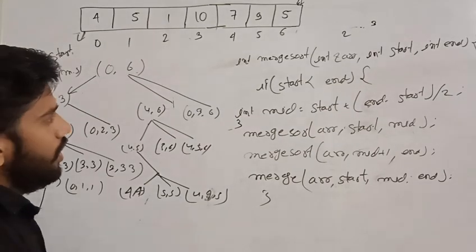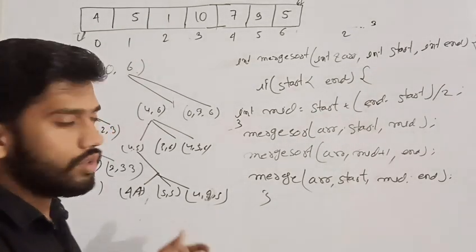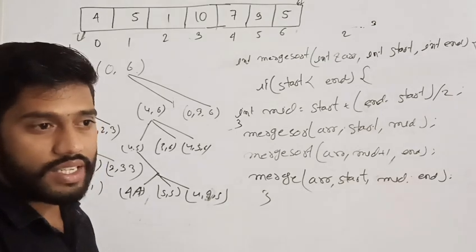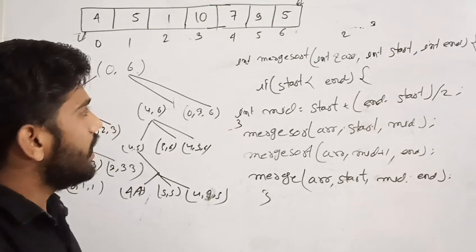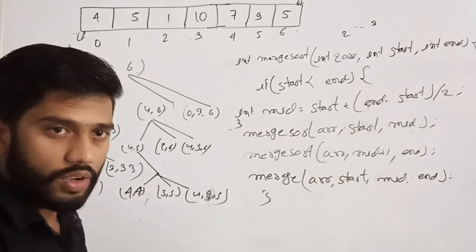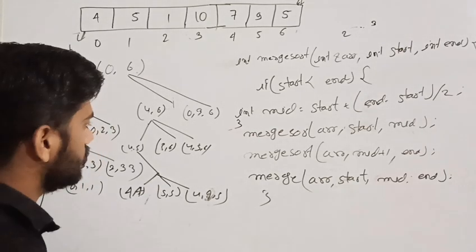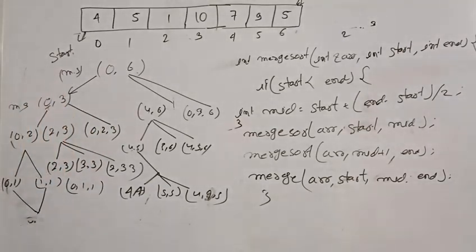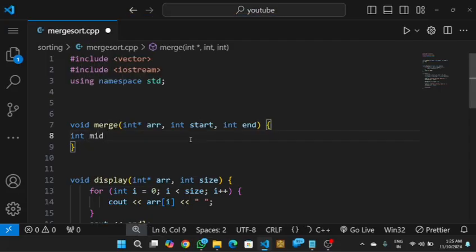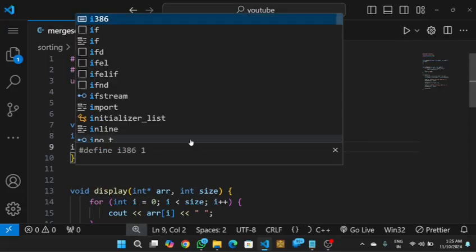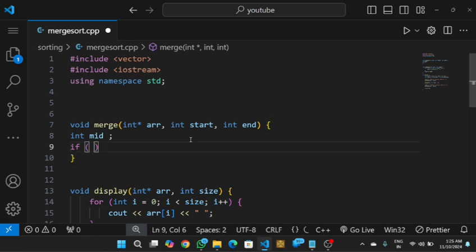Now at this time we'll write the code, and we'll understand with the help of code how this algorithm works. Okay, let's code for that. Create a mid so that we can find the mid value and divide it into two halves.